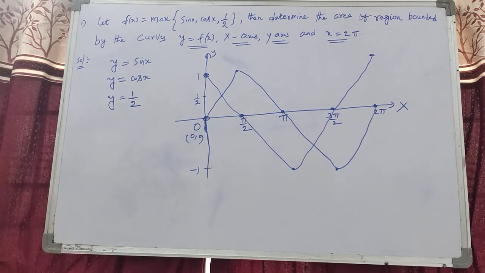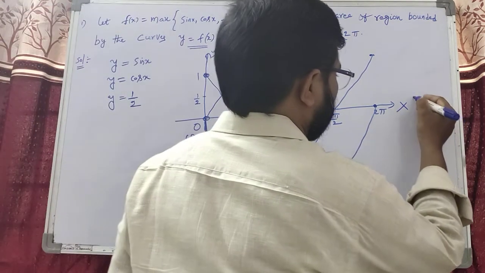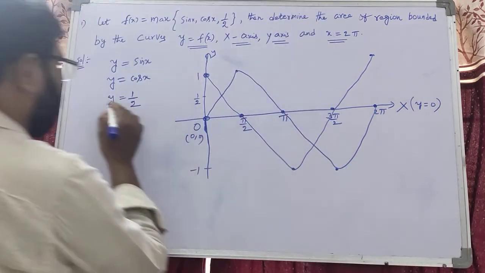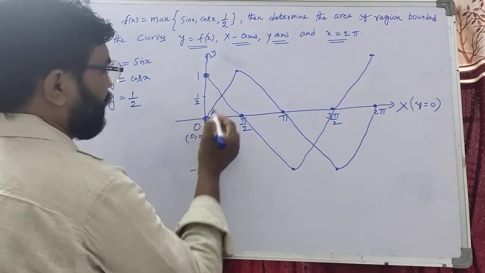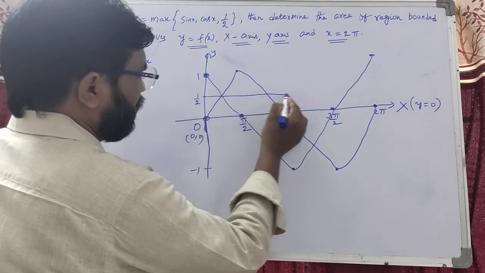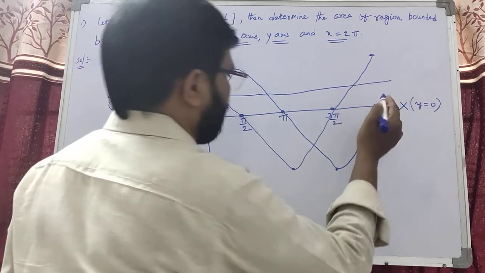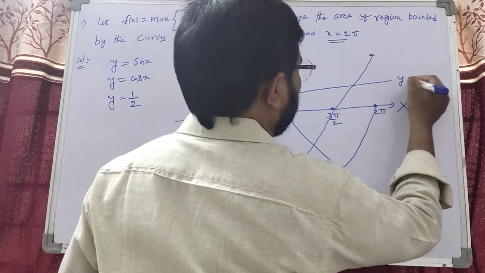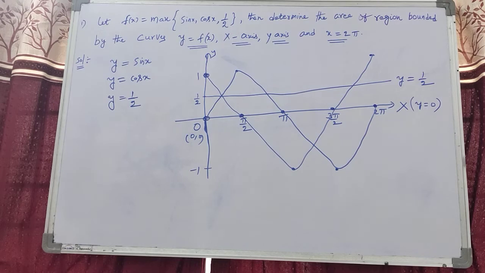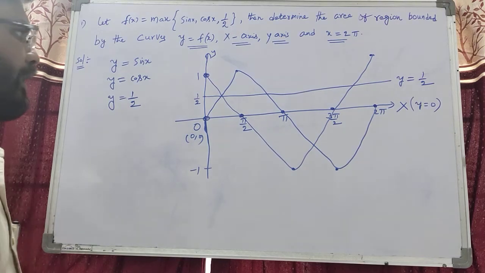We know that the equation of the x-axis is y equals 0. Dear students, the y equal to 1 by 2 is parallel to the x-axis at a distance of 1 by 2. Now this is our graph y equals 1 by 2, students. So now we have to find the area.